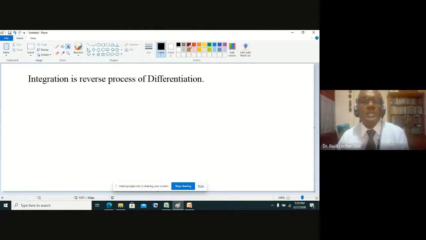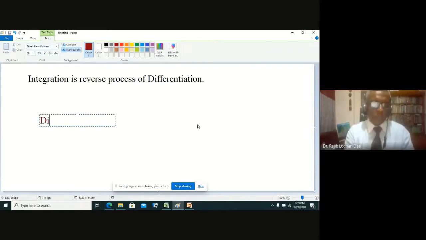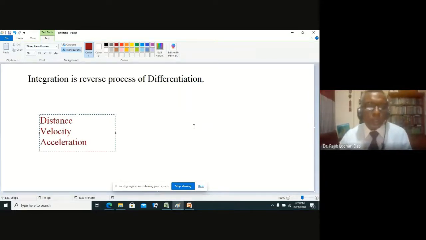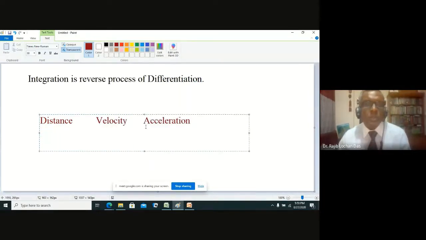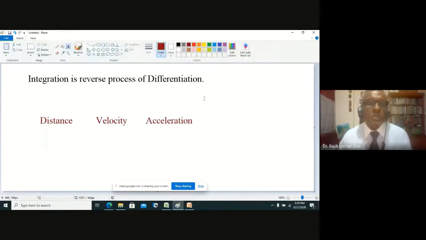So in this example, what we have done right now, the first thing was distance, and then we got velocity, and then we got acceleration, right? In this situation, if you think about differentiation and integration, you do the differentiation of distance, the result will be velocity. That is, d/dx of distance will give you velocity.